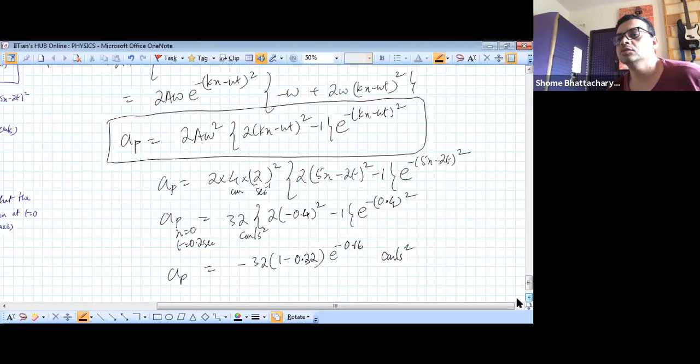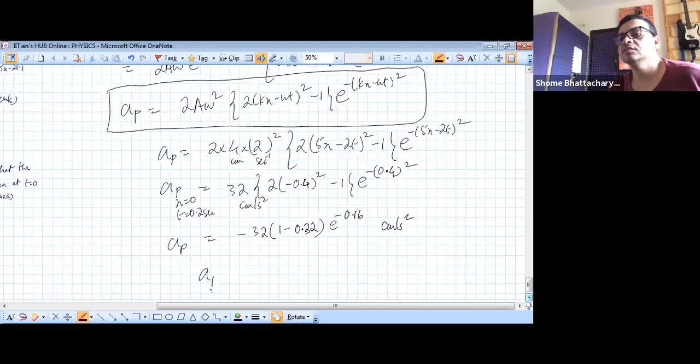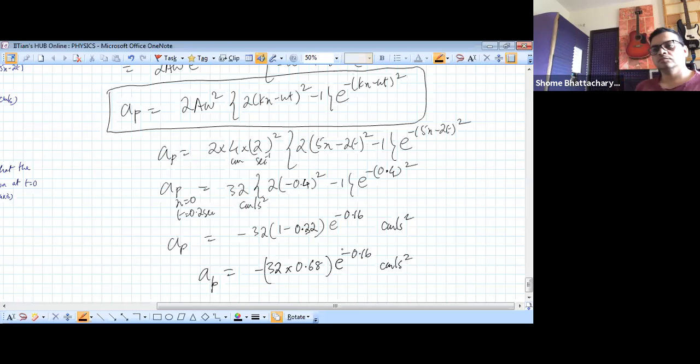So let's see this acceleration. So this is the acceleration.